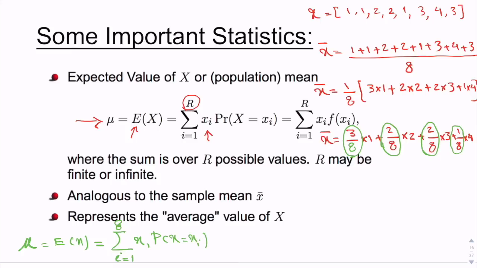This is exactly how we compute it. So x1 is 1 times the probability, which is 3 over 8, plus 2, the other sample, times the probability of this random variable, 2 over 8, plus 3, the probability of this random variable being 3 is 2 over 8, plus 4, the probability is 1 over 8. So that's exactly how we compute the expectation value.